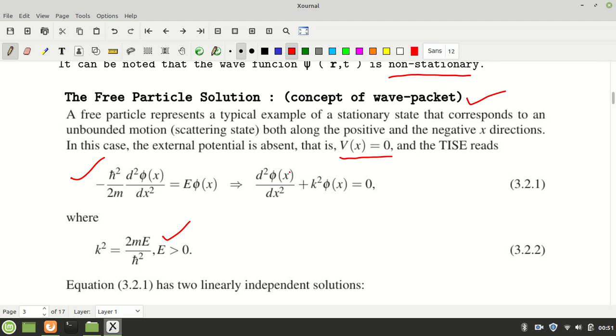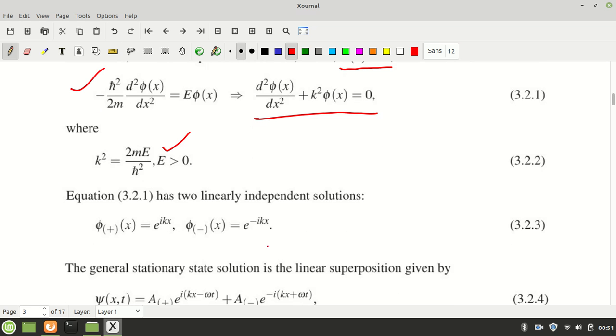Obviously I am talking about one dimension. So the one dimensional time independent Schrodinger equation can be written like this, and here you can rearrange to get the famous SHM type equation, where k is the root of 2mE by h cut square, and the solution of this second order ordinary differential equation has two solutions, one e to the power ikx and another e to the power minus ikx.